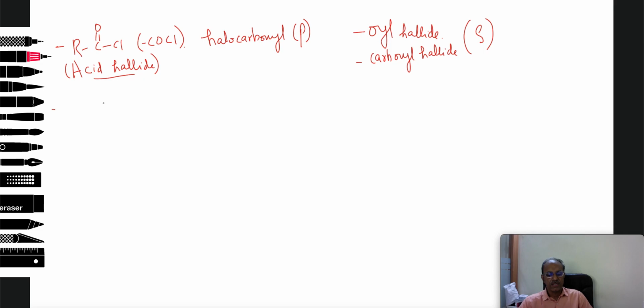Now, we'll see amide, which is RC double bond O NH2, also written as CONH2.